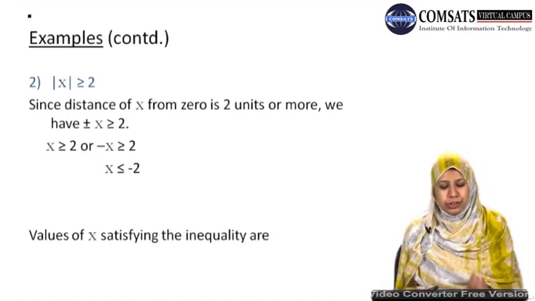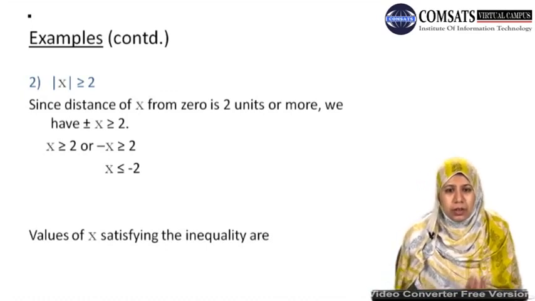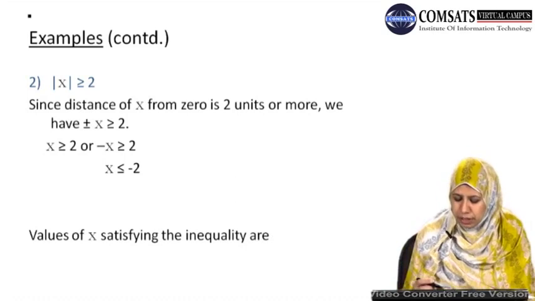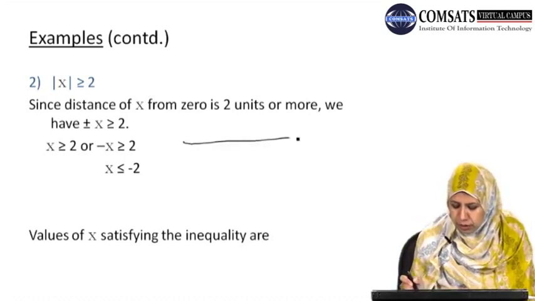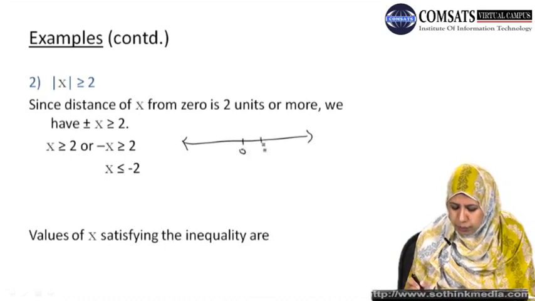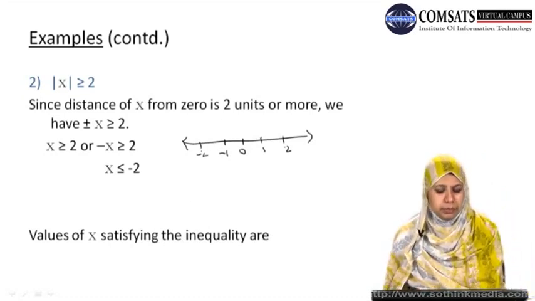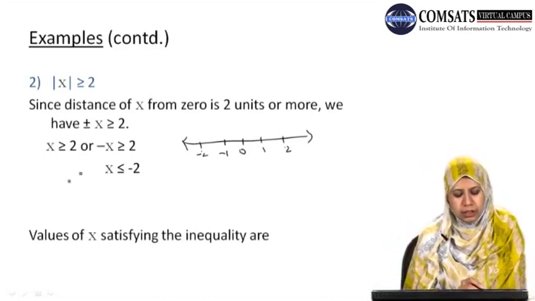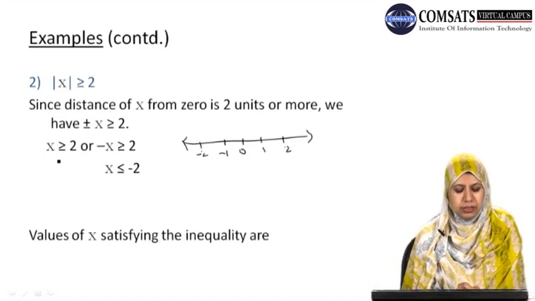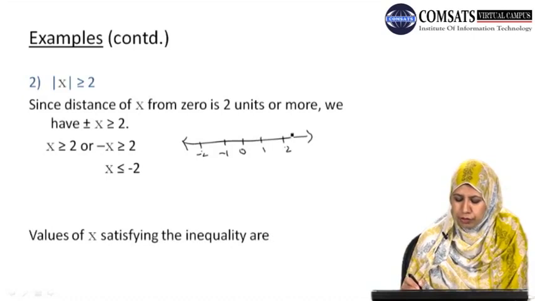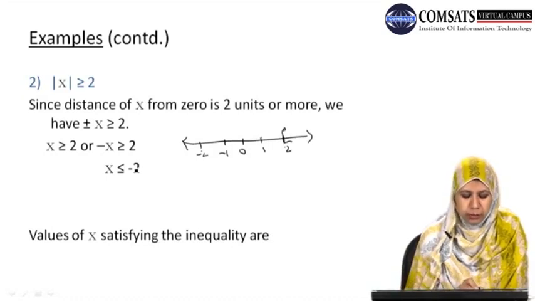So what will be the solution of this inequality, or the values of x which satisfy it? Again, we consider our real line. Here we have 0, 1, 2, and minus 1, minus 2 on the left side. The first possibility says that x is greater than or equal to 2, that is all the values of x including 2.